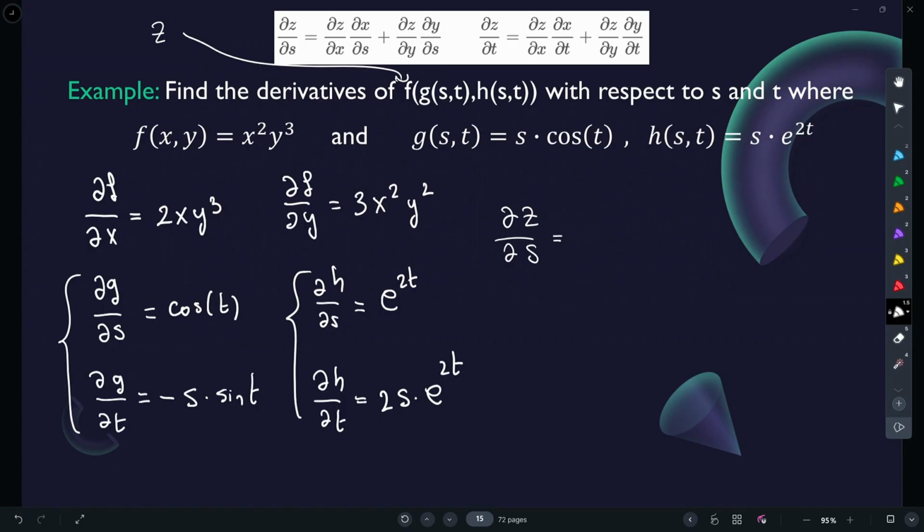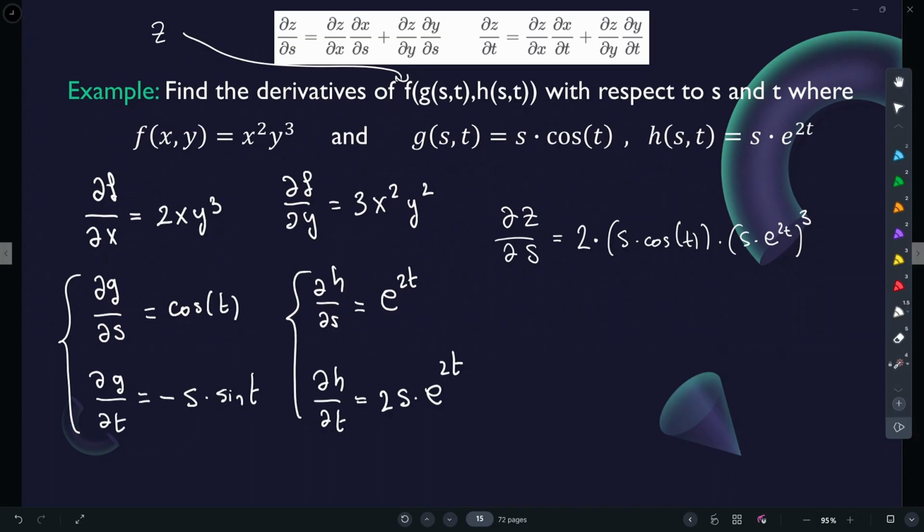Okay, so this is a lot, but it is what it is. 2 times x, evaluated at g, it gives me s times cosine of t, times, I'm evaluating in here with g and h. Okay, so instead of x, I wrote this one, and h, which is s times e to the 2t cubed. That is just the derivative evaluated at g and h.